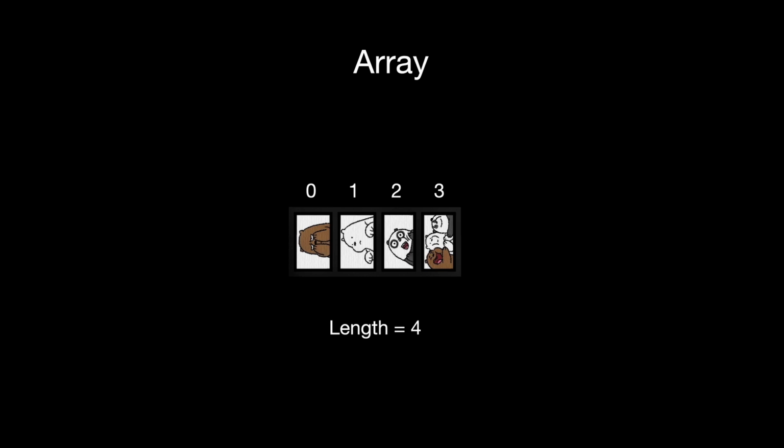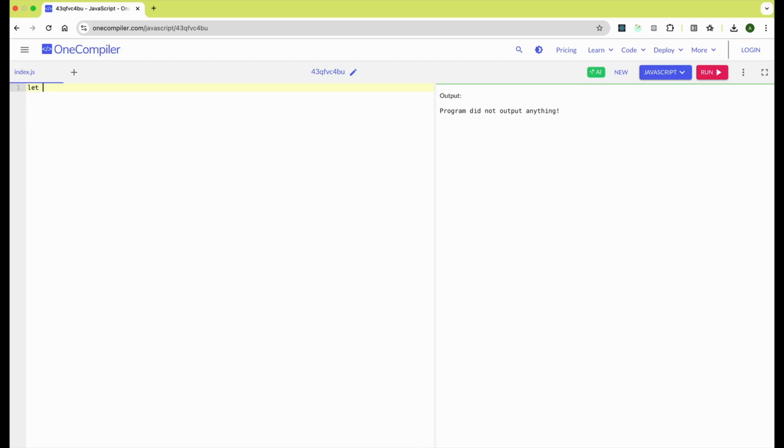From 0 to 3, we have 4 values in this array. So the simplest way to define an array is this: a pair of square brackets. But since this is empty, on logging it, we are going to get nothing but an empty collection like this.